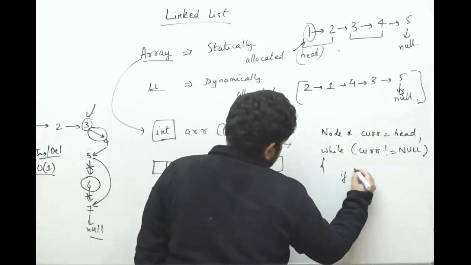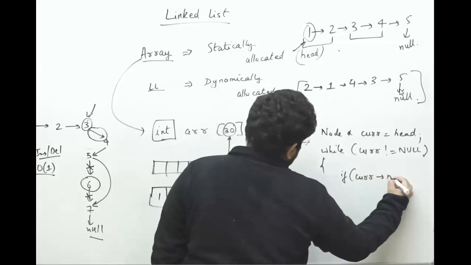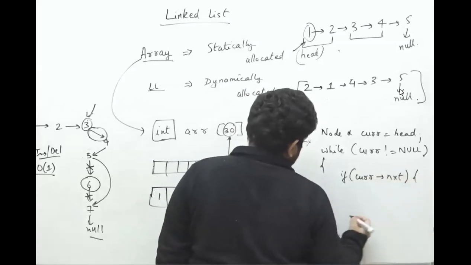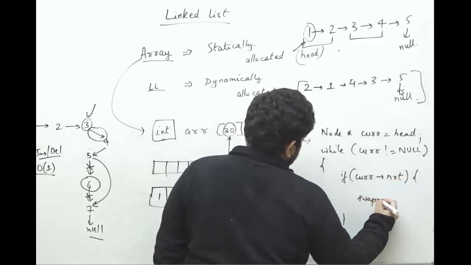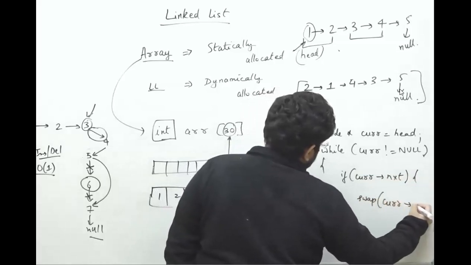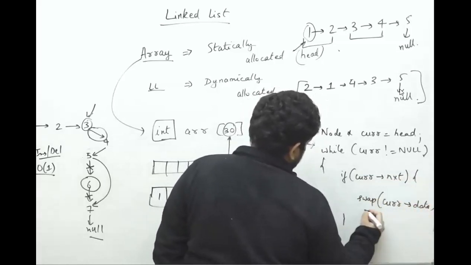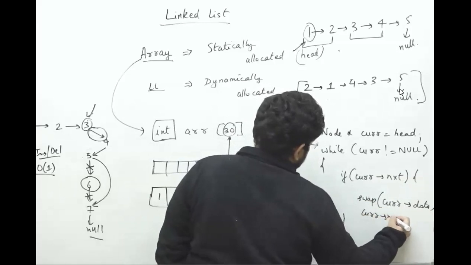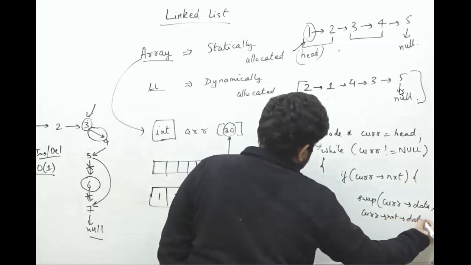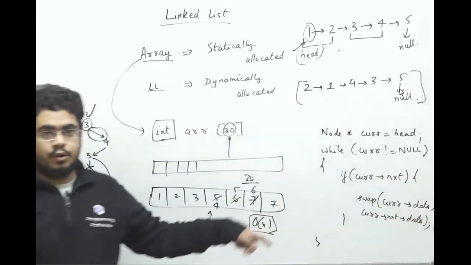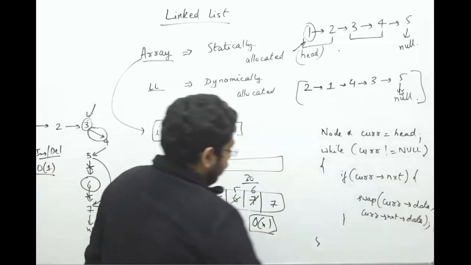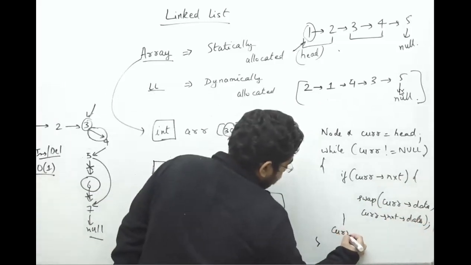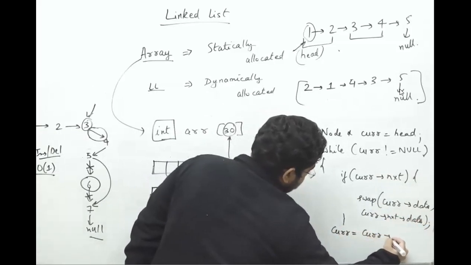So if your current next is available, then just swap current's data and current's next data. Is everyone able to understand this? Yes or no? And then I'll move the pointer. So current goes to current's next.